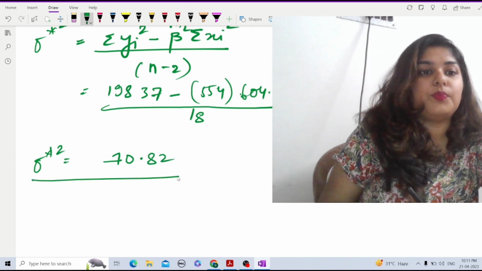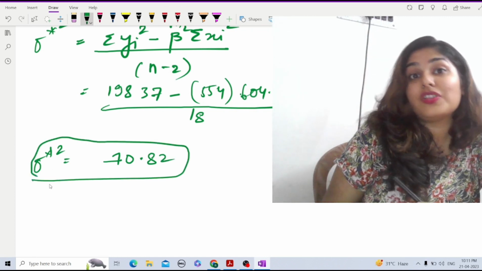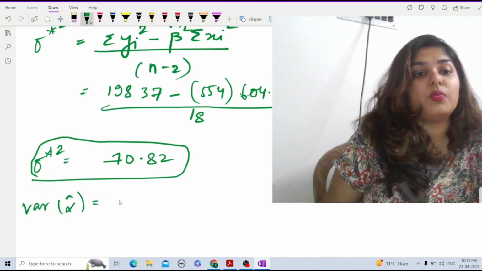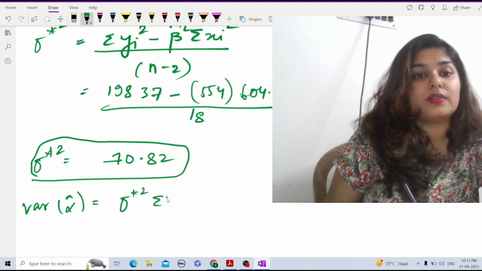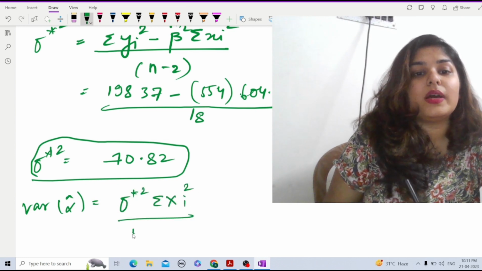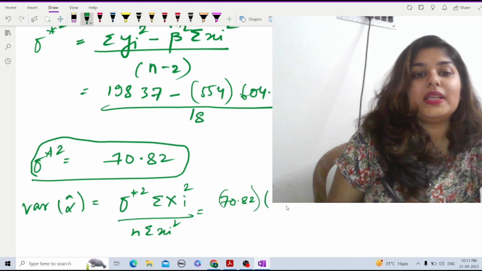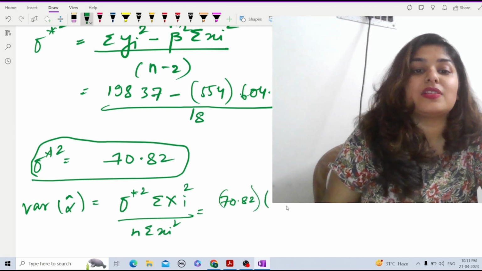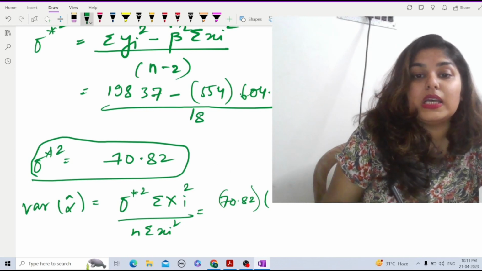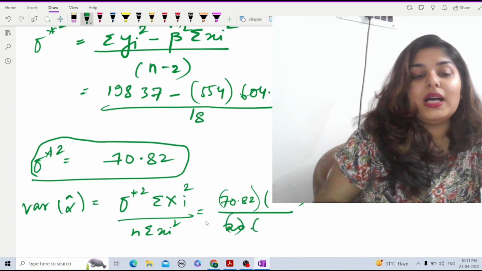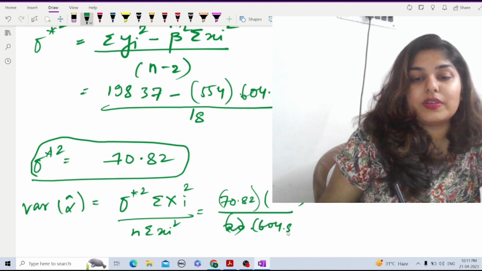So we can put this value in the formula for variance of alpha hat and beta hat, and we can calculate the value. So variance of alpha hat, which we have written as sigma star square into summation capital xi square by n into summation small xi square, is equal to 70.82 into, what is the value of capital summation xi square? From data we have 3204, divided by n, which is 20 times, again small summation xi square is 604.8.